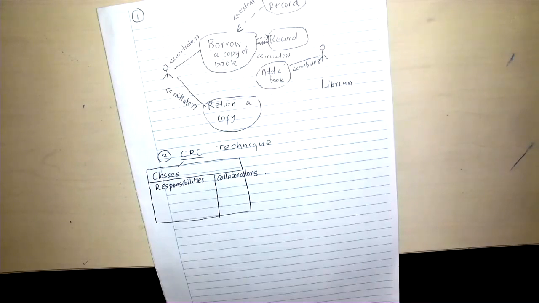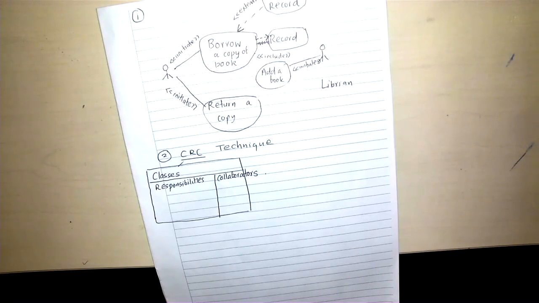As you do the noun-verb analysis of your use cases or user stories, you pick the nouns that you come across in the problem statement, and these generally map to your conceptual classes, and your verbs become your responsibilities. You start writing up these cards one after the other, and you lay them out on the table. Sometimes we pin them up on the board, and what's really nice is you can shuffle the way these cards are laid out, and when you're done with them, you just throw them.